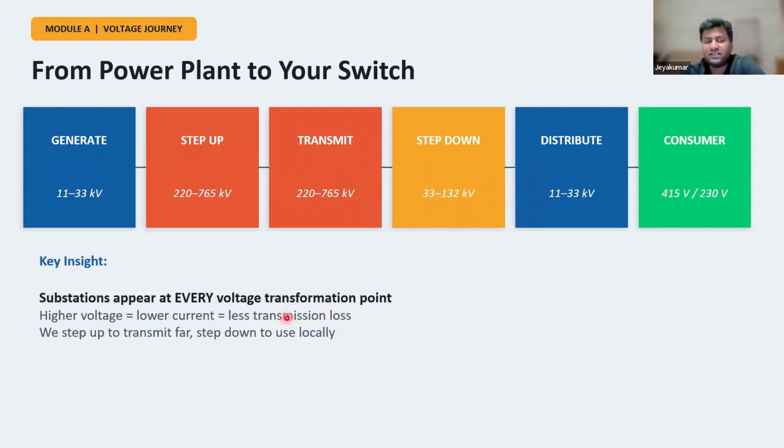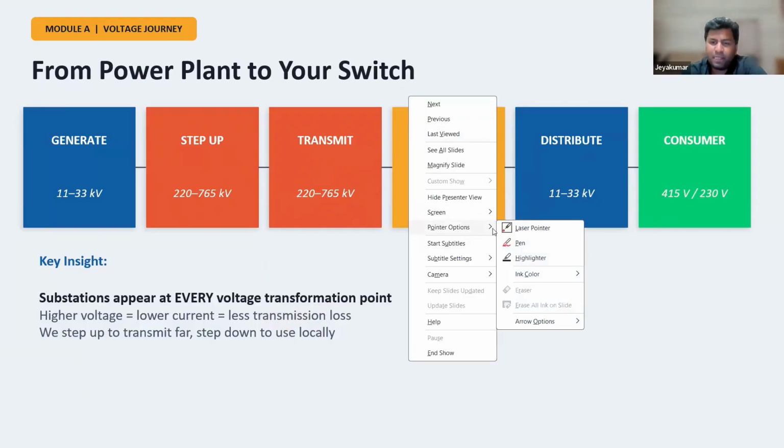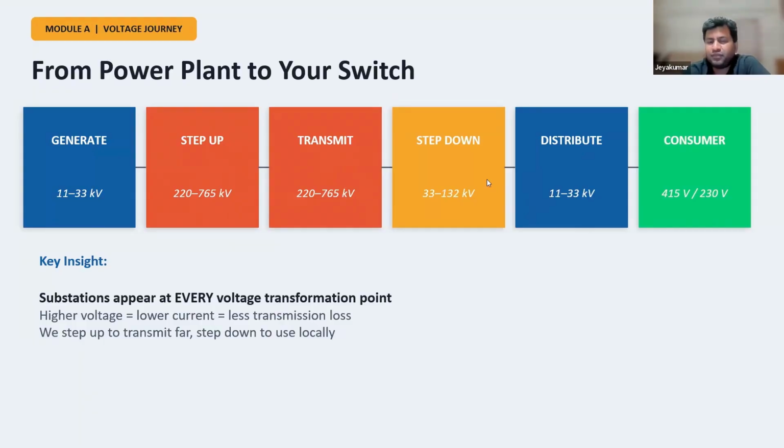Loss is the major concern, because fundamentally, what you need to understand is a simple phenomenon. Anywhere you work with an electrical system, you have to consider two parameters, very importantly. One is voltage, another is current.